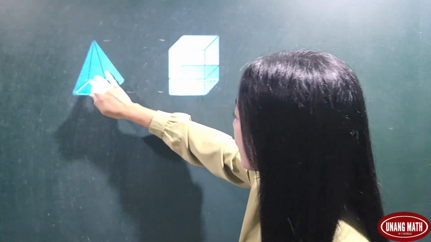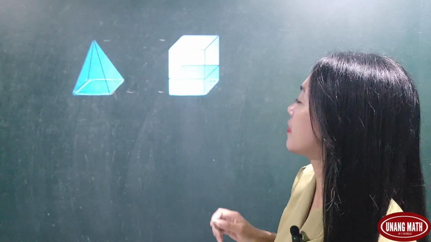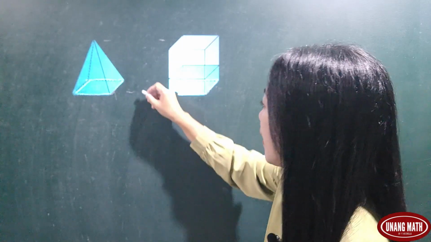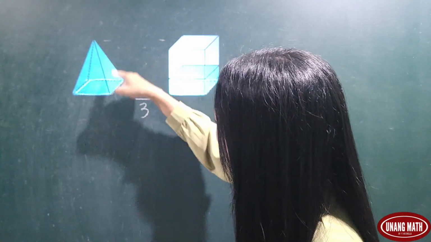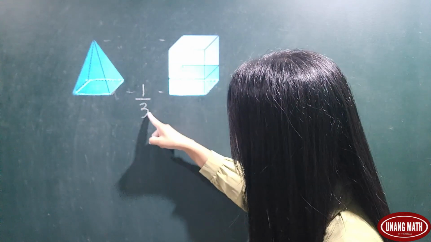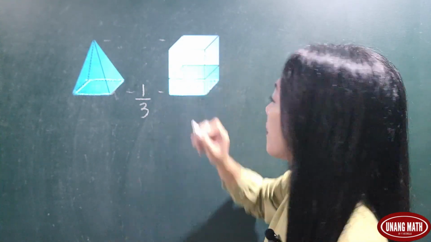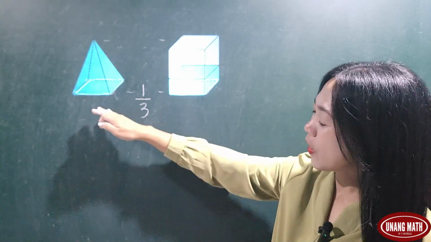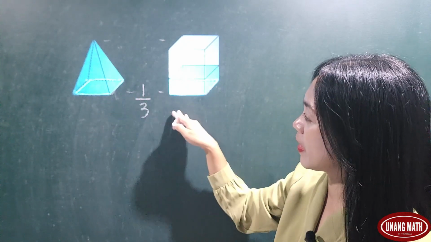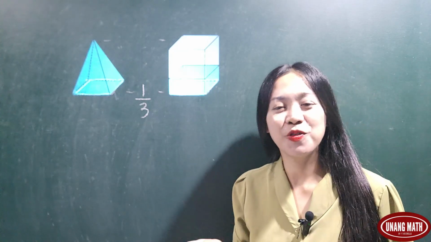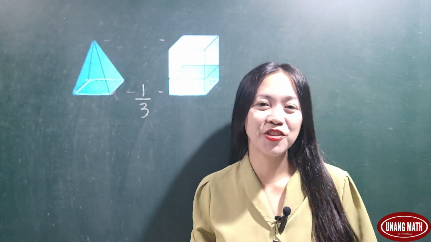So when they poured this water in this prism, it appeared that the volume of the pyramid is 1/3 the volume of the prism. We can actually prove this mathematically using the concept of integration.